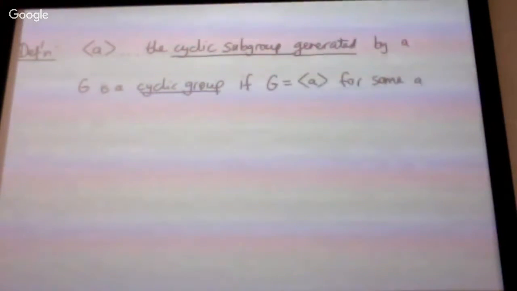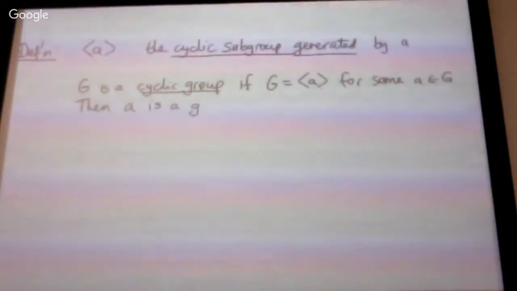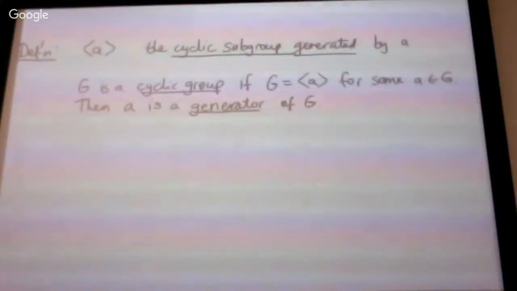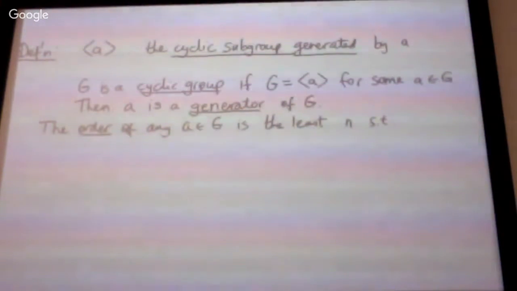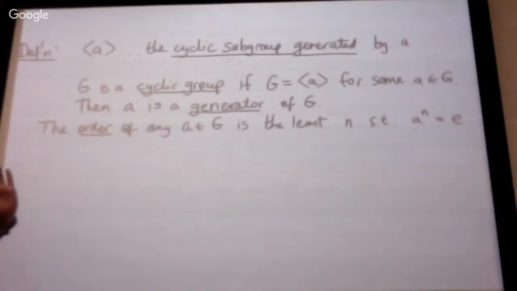I'll do examples in a second. In this case, A is called a generator of G. And finally, the order of any A is the least n for which, if I take A multiplied with itself n times, I get the identity.